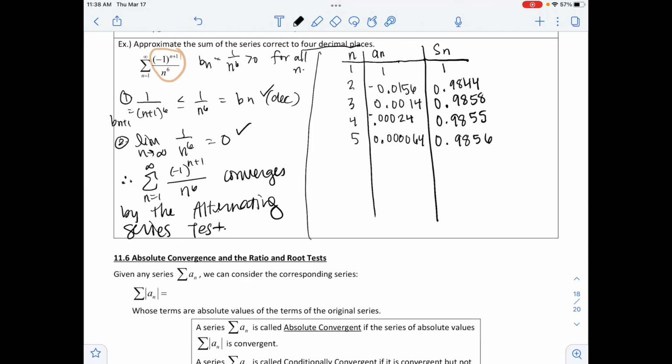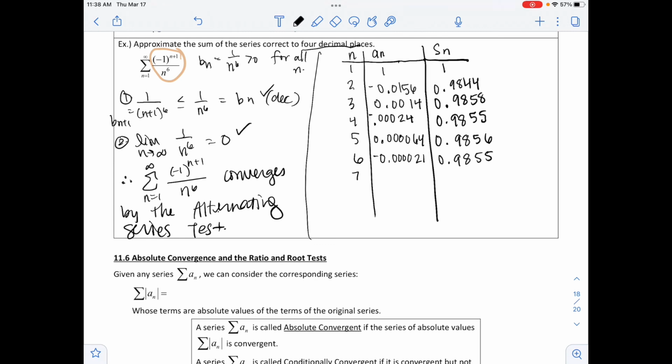And so if we look at the 6th term, this is negative 0.000021. And adding this in for our sum, we get 0.9855. So still not correct yet. So I'm going to go ahead and continue this on.